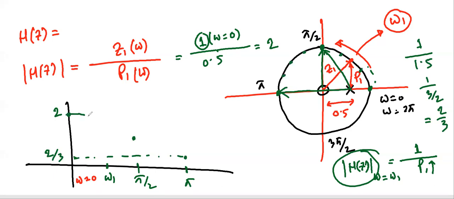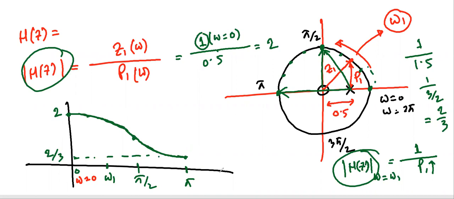So now if you plot all the points, then you can find this kind of scenario. So from omega equals 0 to pi, you will get this scenario. This is the magnitude response of this H(z), where we have the pole at the location of 0.5 and the 0 at the center.